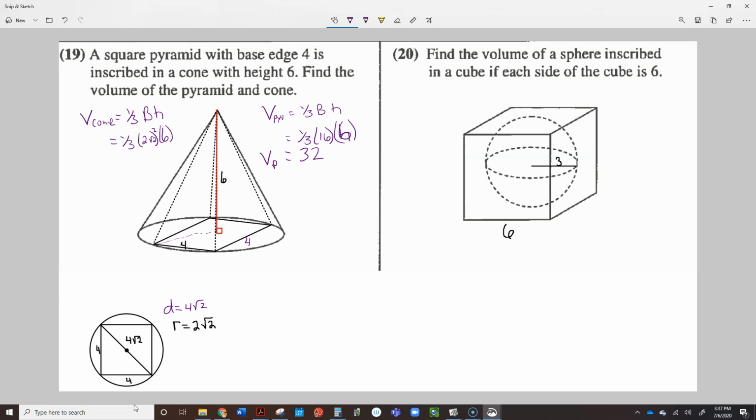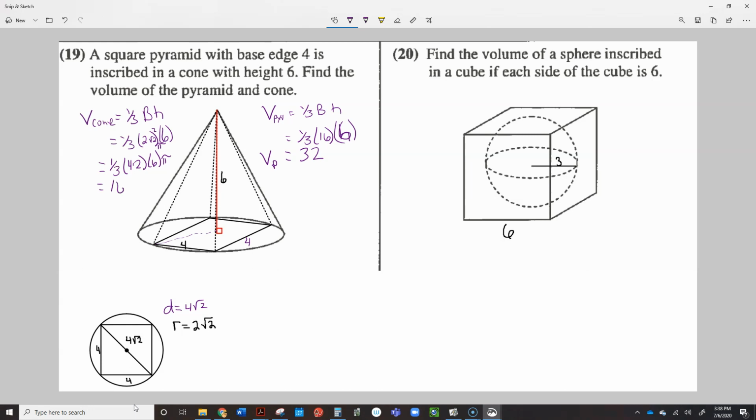So the radius is 2 square roots of 2 squared, and then we got to multiply it times pi. Okay, so 1/3 times 2 square roots of 2 squared, so we've got 1/3, that's 4 times 2 times 6 times pi, and that is 8.